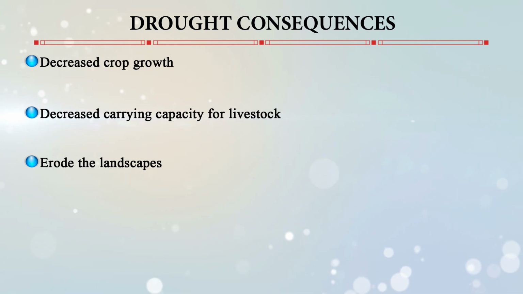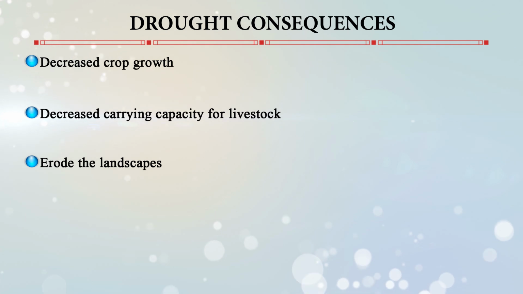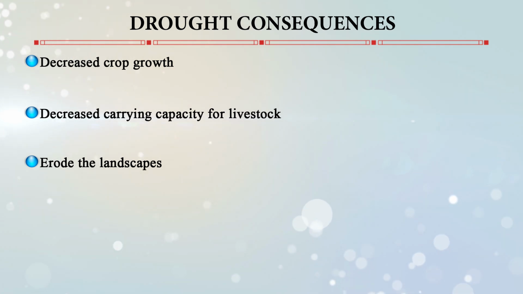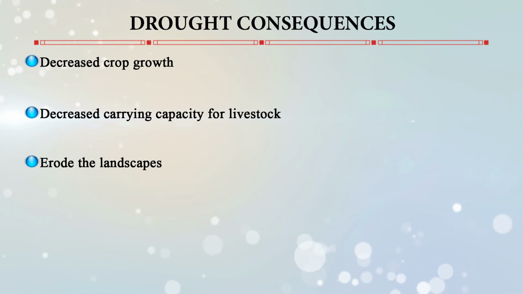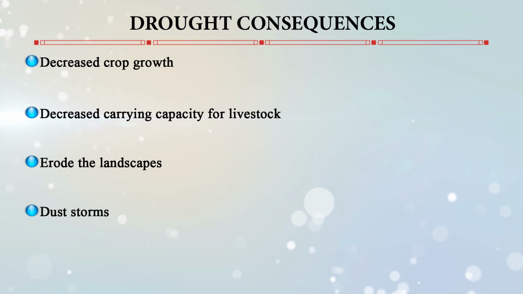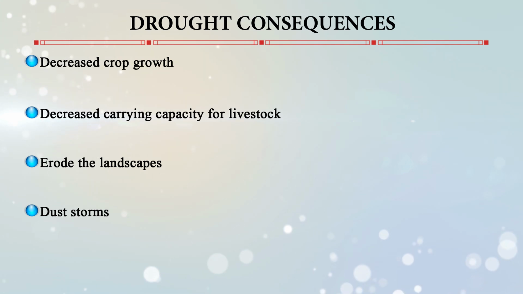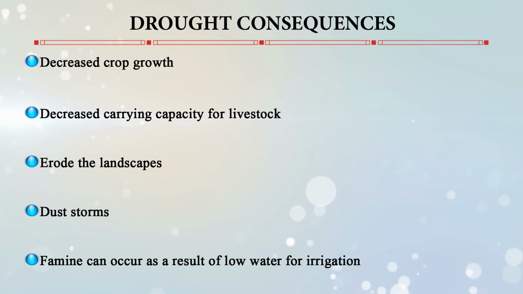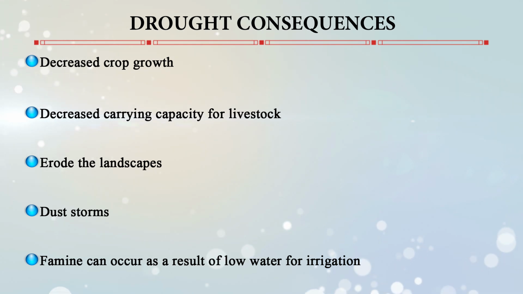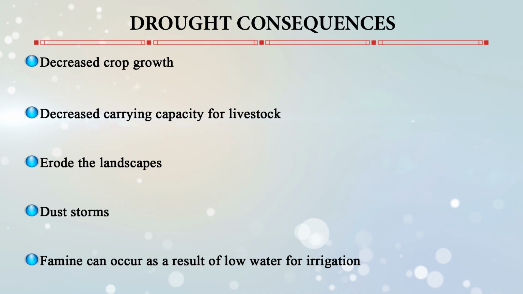So, there is no plant or any kind of agriculture or anything that would be possible on such a landscape. So, they erode the landscapes. There can be dust storms, and as a result of all this, famine can occur as a result of low water for irrigation. People who are living in that area also can be affected due to drought.